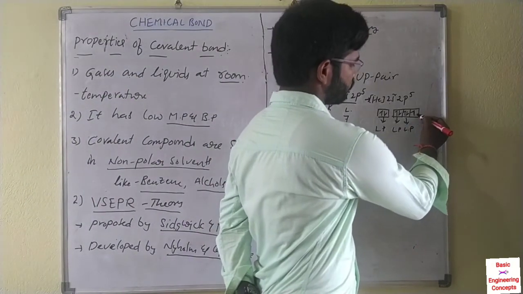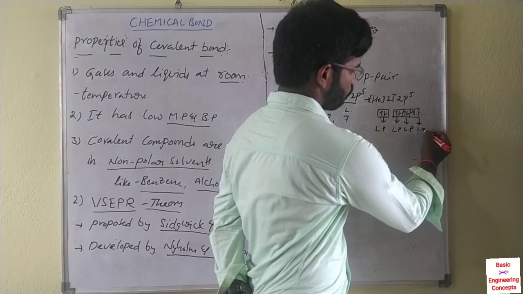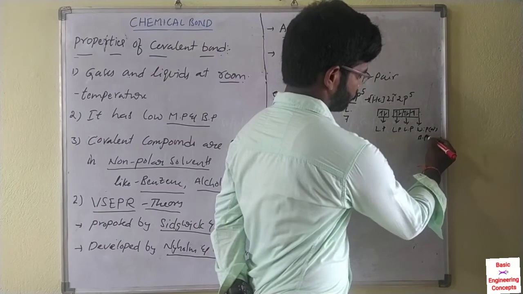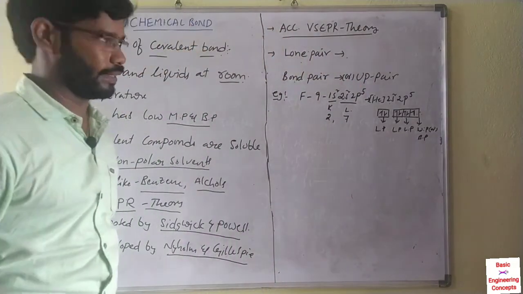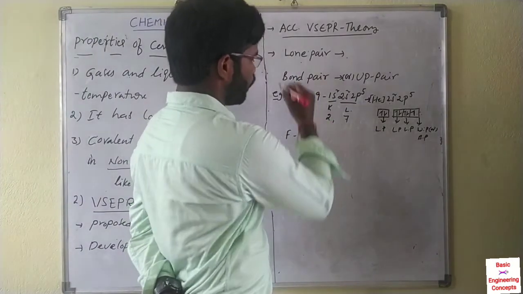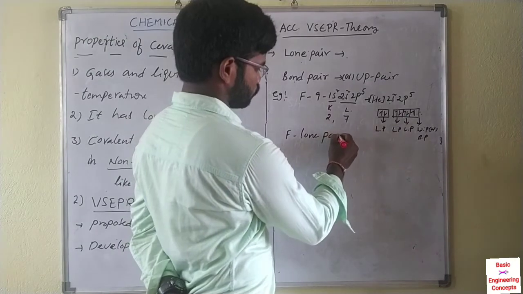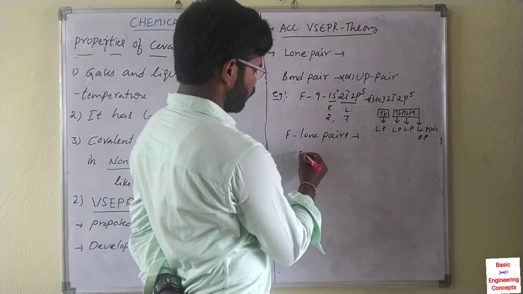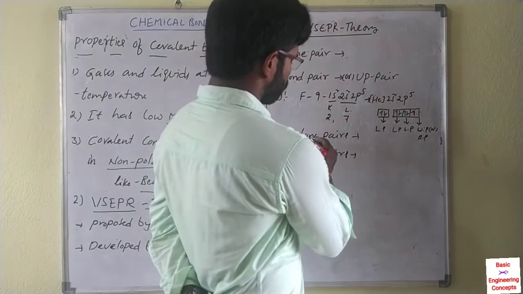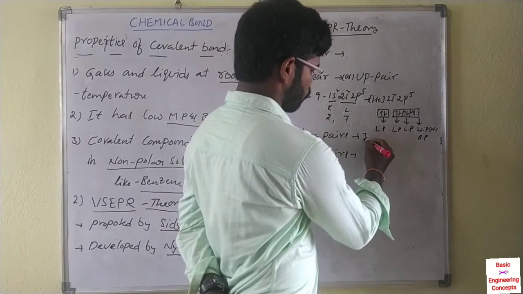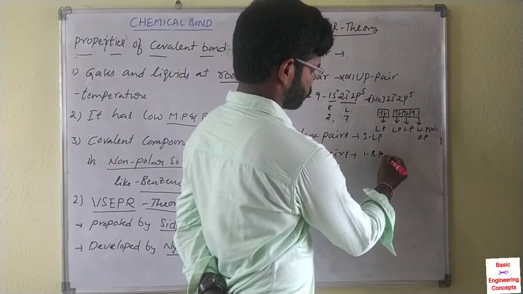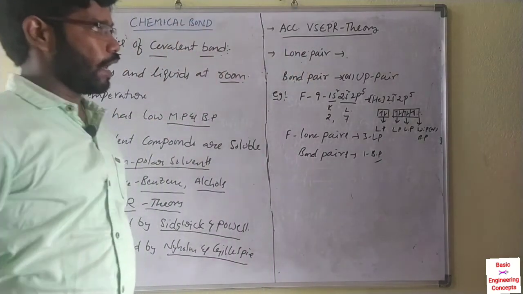So here this is the one unpaired electron, or bond pair. So fluorine has 3 lone pairs and 1 bond pair.